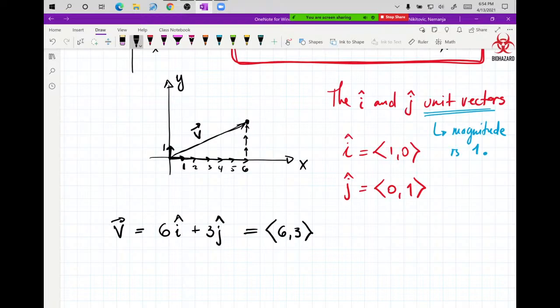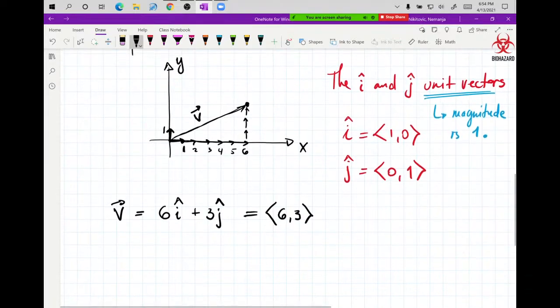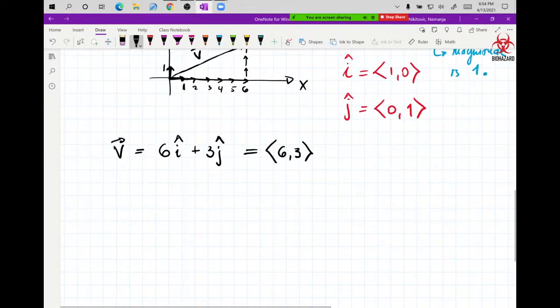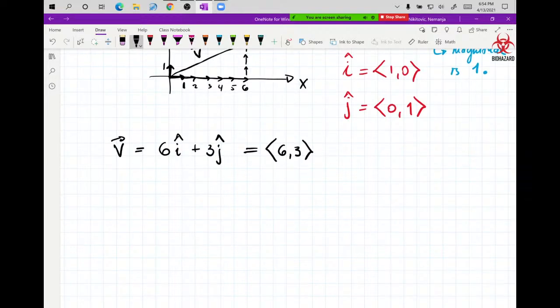Okay, so let's take a look at, let's say, a negative vector. I mean, negative in one of the components or both components, it doesn't matter. It follows what you know from before.